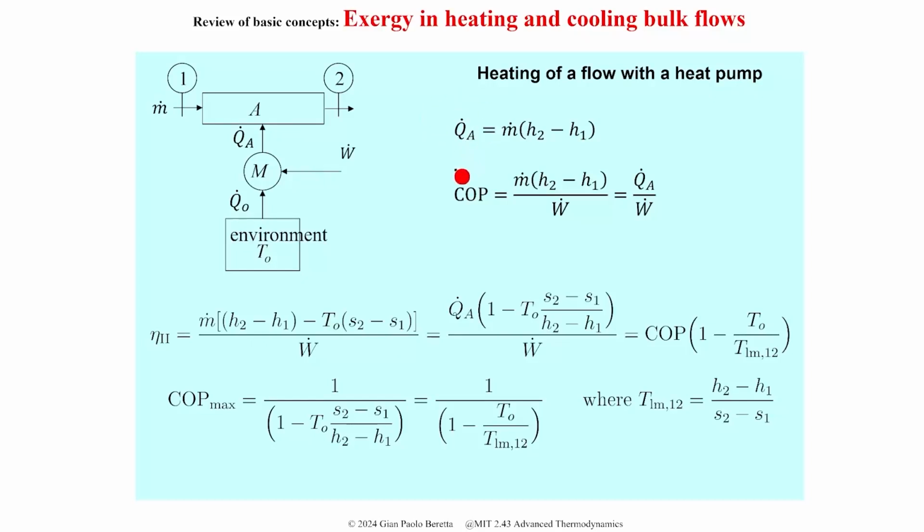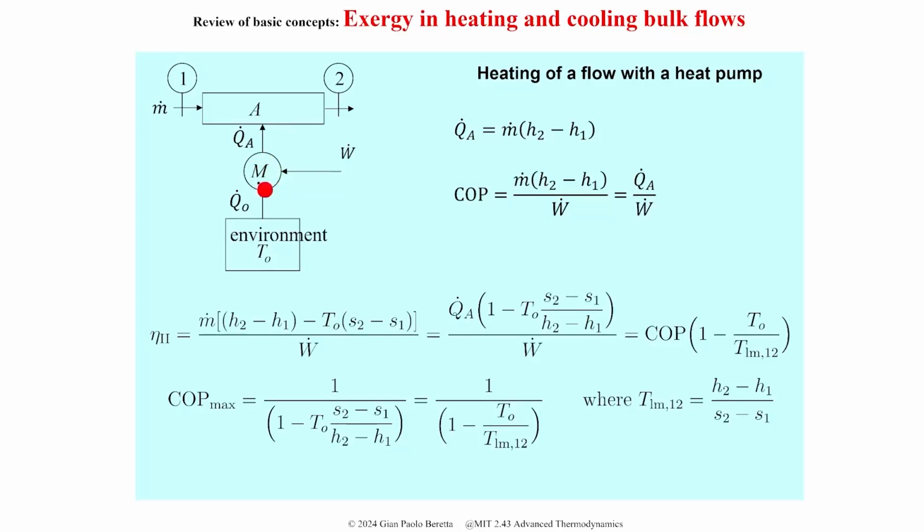And then the coefficient of performance, for example, in this case, of a heat pump that provides that heat by taking the necessary entropy from the environment, because in order to heat up, I also need to provide entropy. And if I take it from the environment, I avoid having a generation by irreversibility.